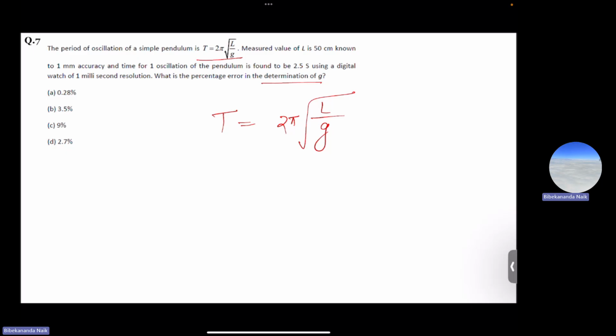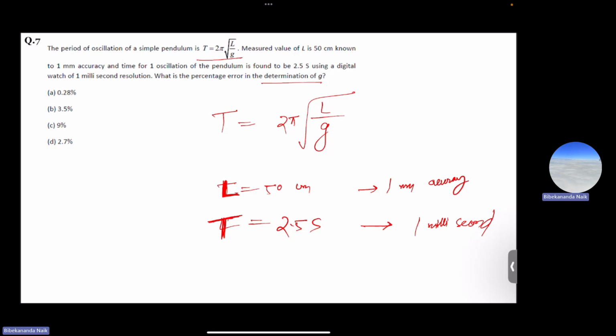The length is 50 centimeter with 1 millimeter accuracy, and the time T is 2.5 seconds, and the resolution is 1 millisecond.